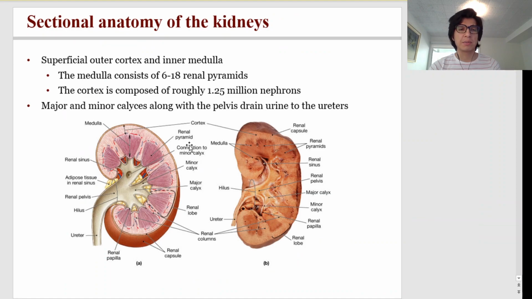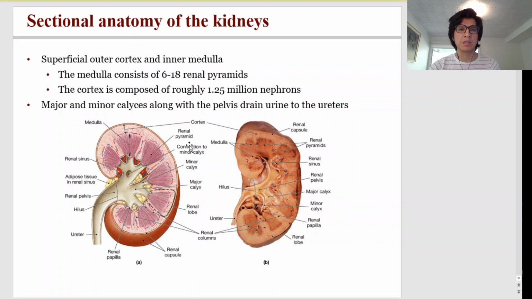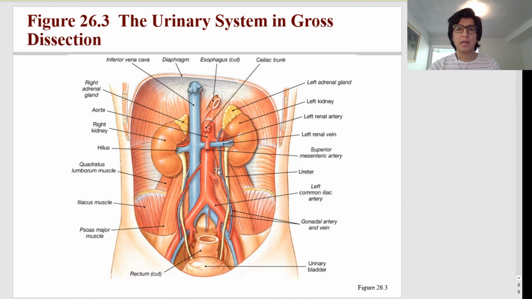One of the things that I want you to keep in mind as we look at the function of the kidney is that you will have these vascular components leaving. So you have these arteries going into the kidney, and you have these renal veins leaving the kidney.